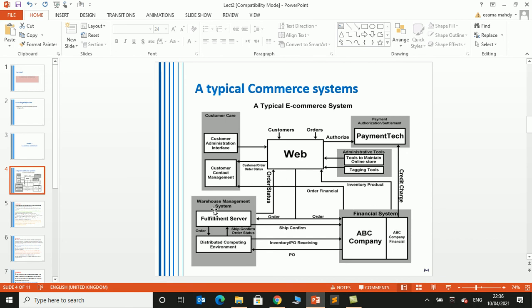Inventory, of course, and again it comes behind the warehouse management system. This warehouse management system handles the out of stock conditions.